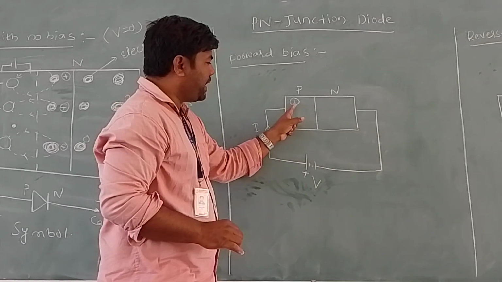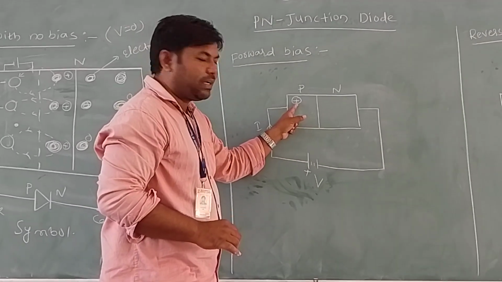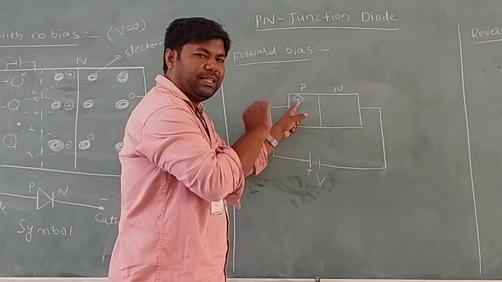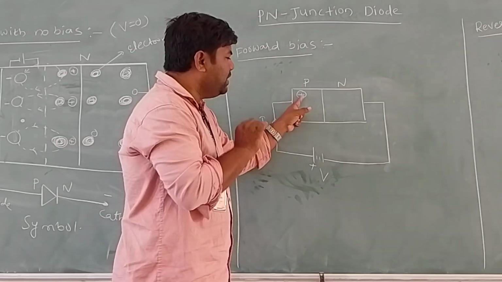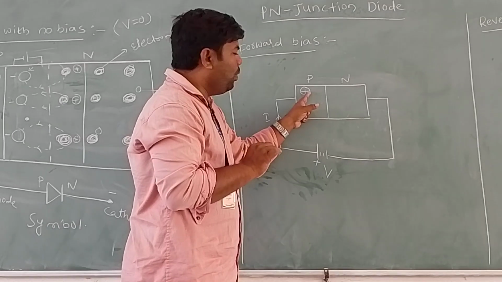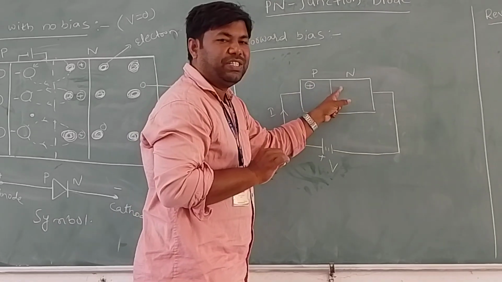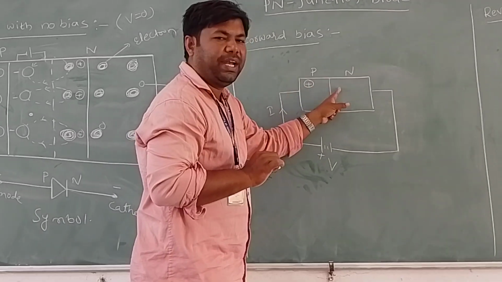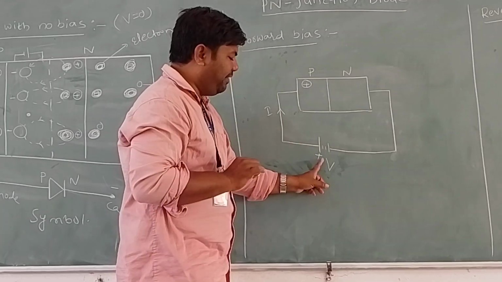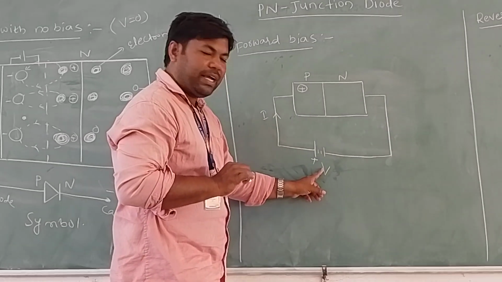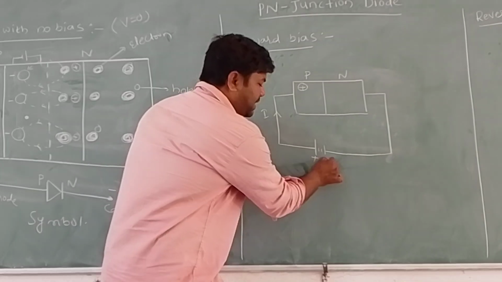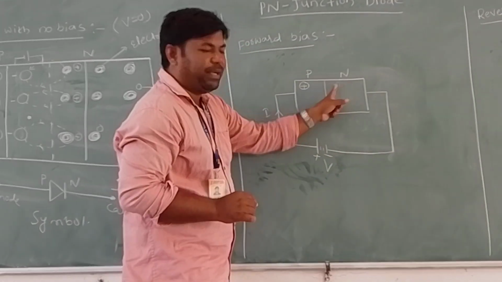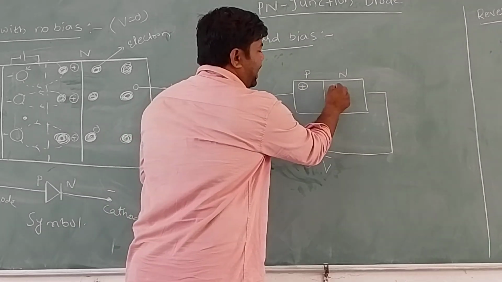Here the positive charge repels the holes. That means the holes of the P region will cross and move into the N region. In the same way, the external biasing voltage is negative on the N side, and the majority charge carriers are electrons.